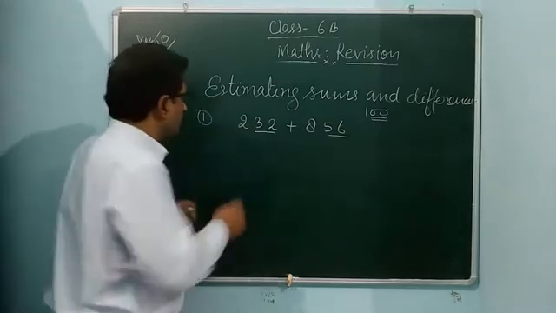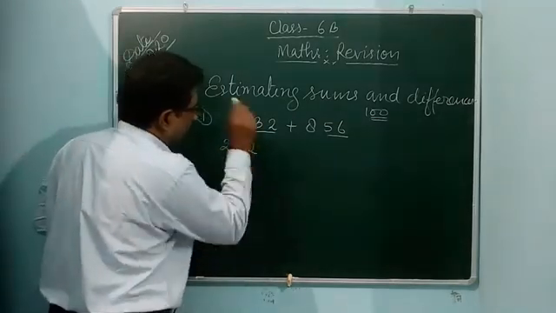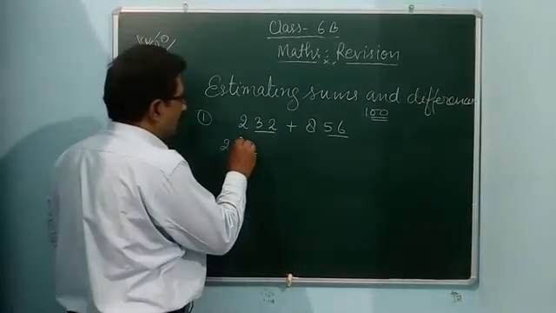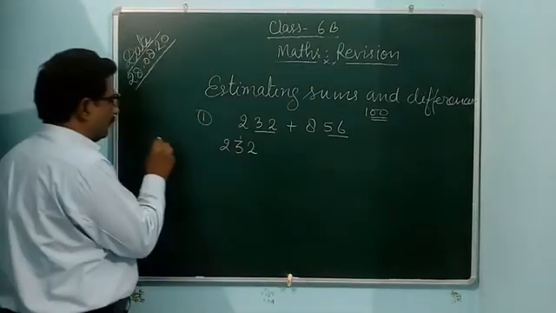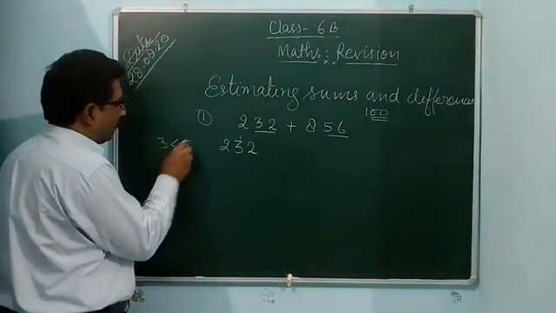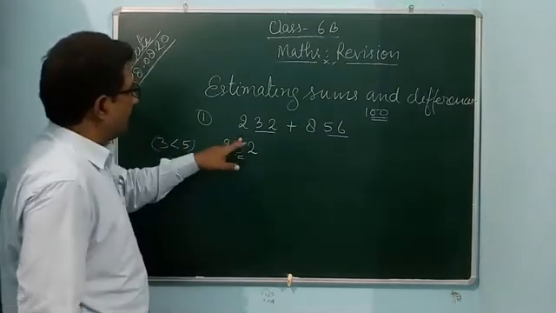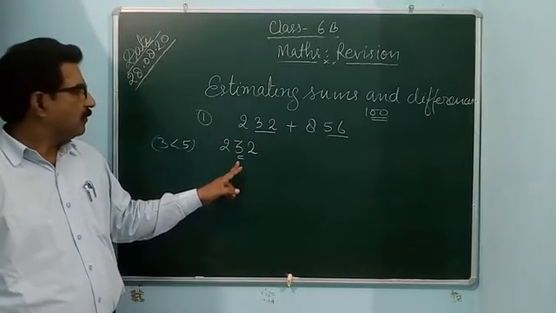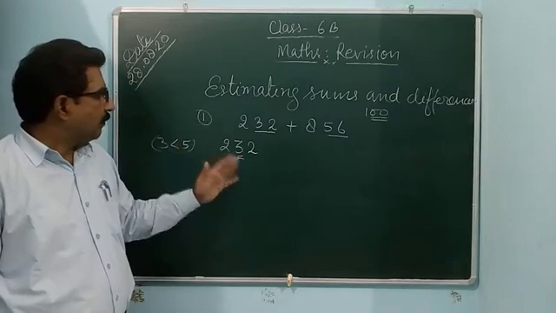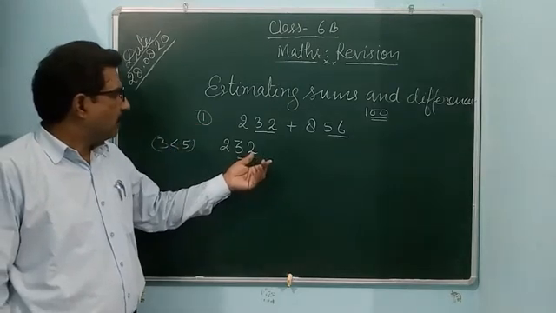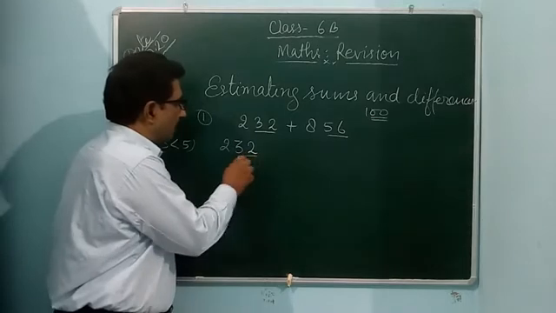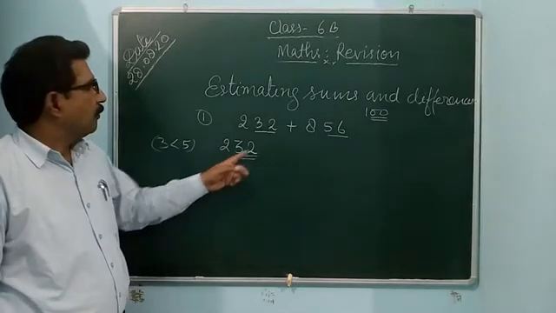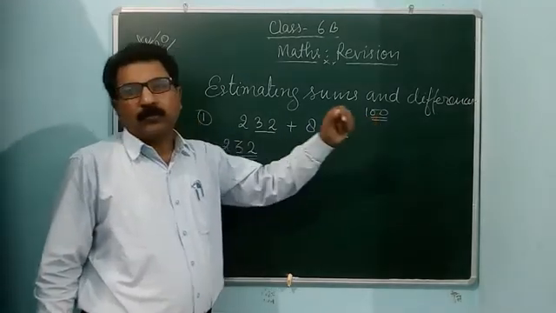So 232, see 232. Here 3 is less than 5. So it is compulsory that we look at the ones and tens, 2 digits, because 100 has 2 zeros.